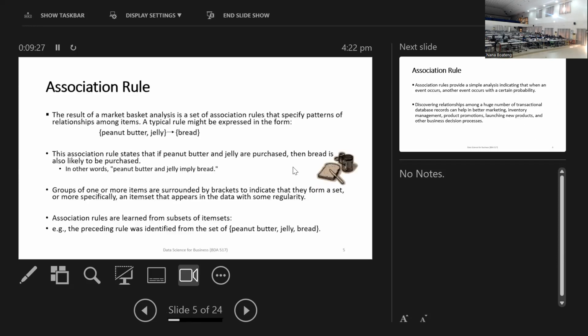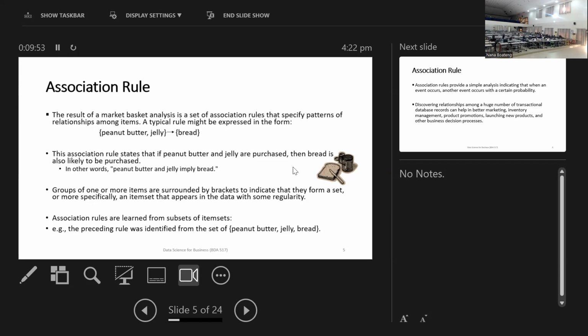So you see that peanut butter, jelly, is bread. Okay, so the antecedent item set is what? Peanut butter, bread. They happened before. So when somebody buys peanut butter and jelly, it leads to bread.